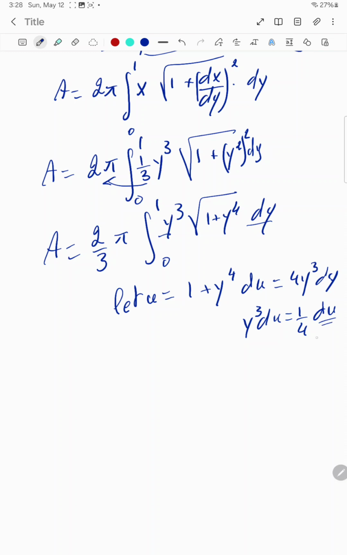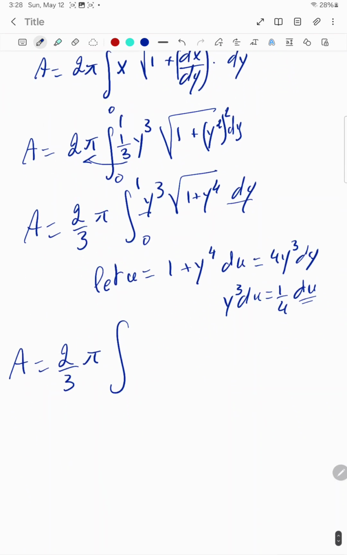So when I want to replace du, I will put 1 over 4 outside. So my area becomes 2 over 3 pi, and the integral, we did not calculate the boundary, but we will do it. If I want to put du here, I have to multiply it by 1 over 4. And y^3 dy becomes 1 over 4 du, and then this is square root of u.